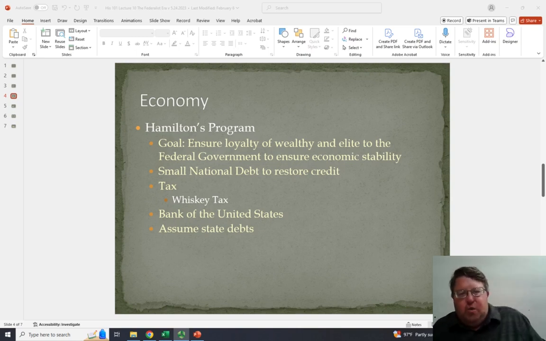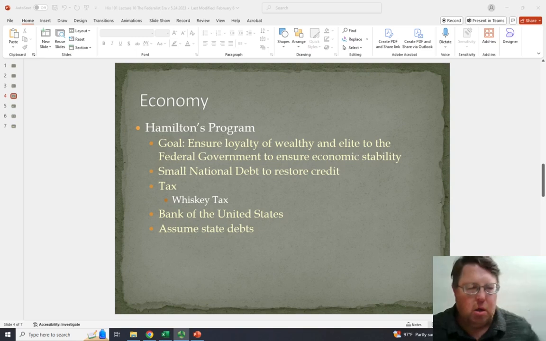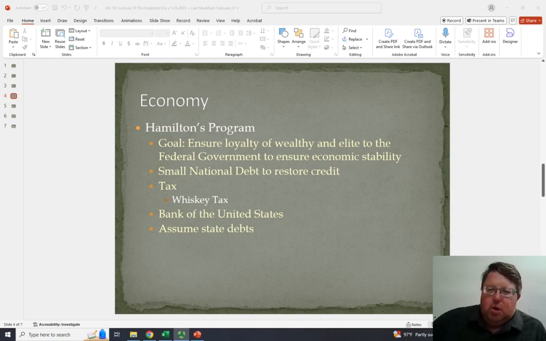Congress, wanting to use the power of this new government to right the economy, asked Alexander Hamilton to come up with a legislative plan that could get the U.S. economy healthy again. So Hamilton's program is extremely important to understand.